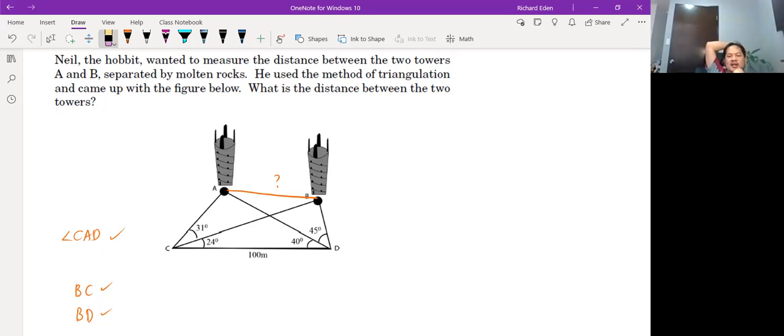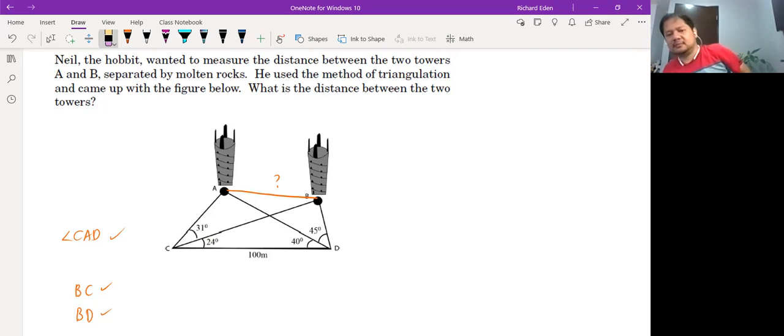Again, as I was saying, keep your eyes on the prize. We want the length of AB. I was thinking about the diagonals, but maybe think of a triangle which involves AB.